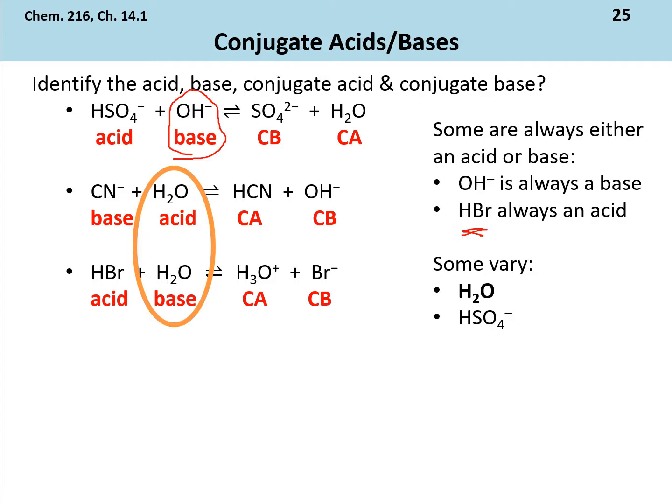Notice in this equation, the H2O loses an H+ to become OH-, which means it's an acid. And in this one, my H2O gains an H+, so that makes it a base. This fact about water, that it can be an acid or a base, is going to be very important, and that's what we're going to talk about next time.